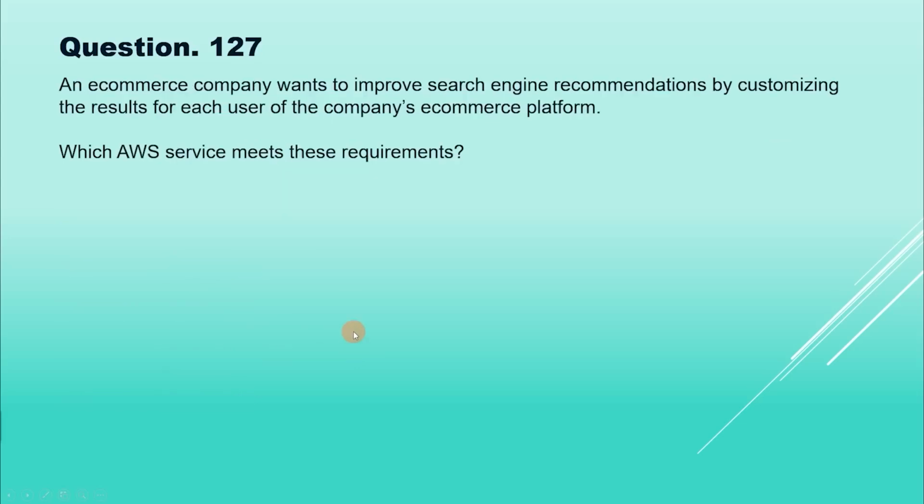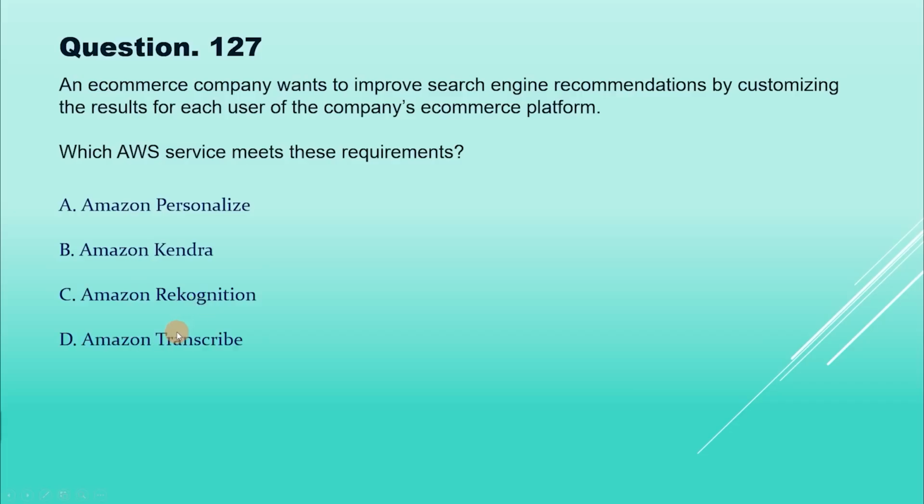Now question number 127. An e-commerce company wants to improve search engine recommendations by customizing the results for each user of the company's e-commerce platform. Which AWS service meets these requirements? Here are the options: option A, Amazon Personalize, option B, Amazon Kendra, option C, Amazon Rekognition, and then option D, Amazon Transcribe.